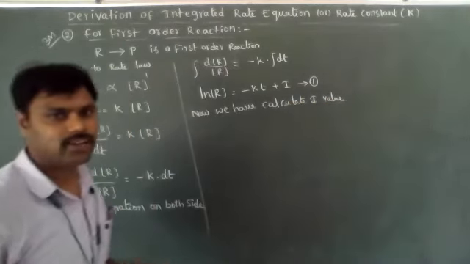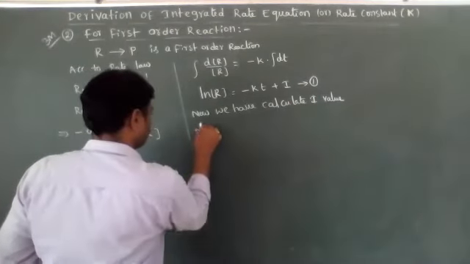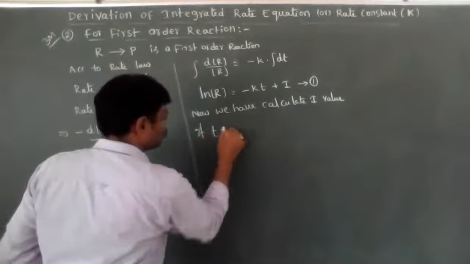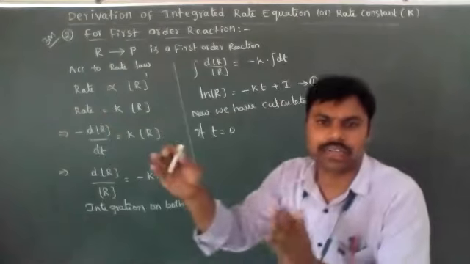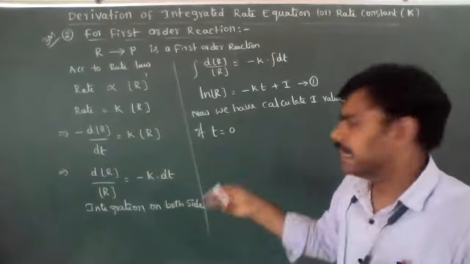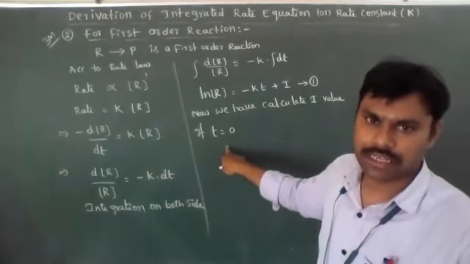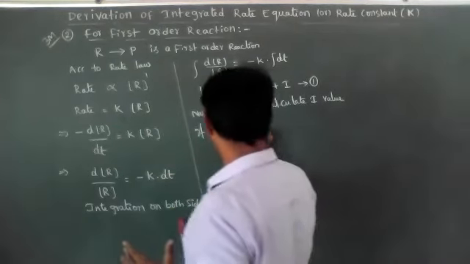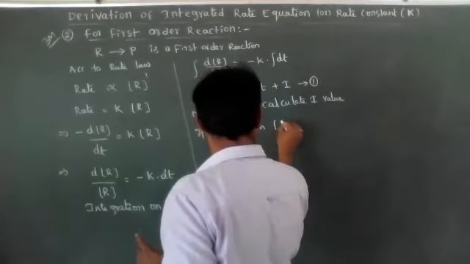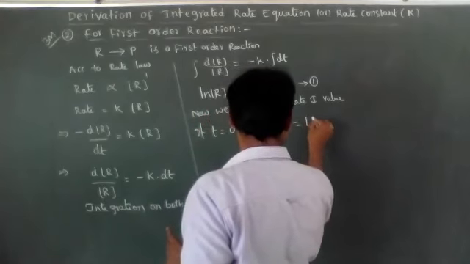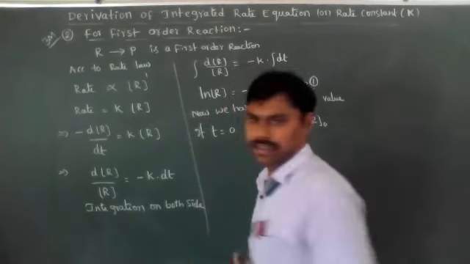How to calculate the I value? Let's see, dear students. If the time t equals 0, it means the reactant is not yet converted into product, so it is the initial concentration. If the time equals 0, then the concentration of R becomes R naught.